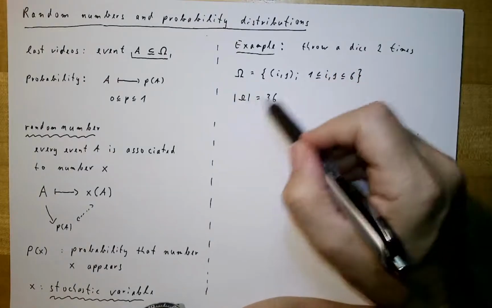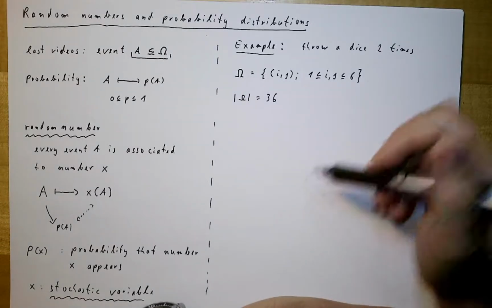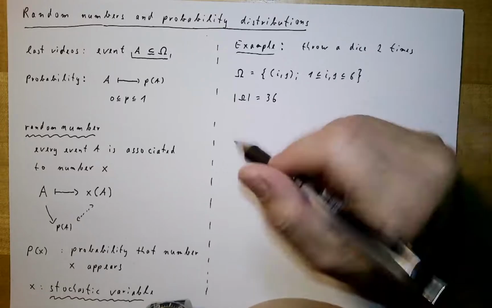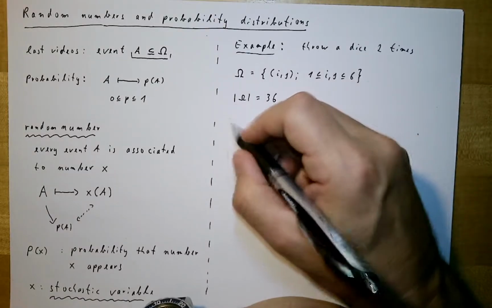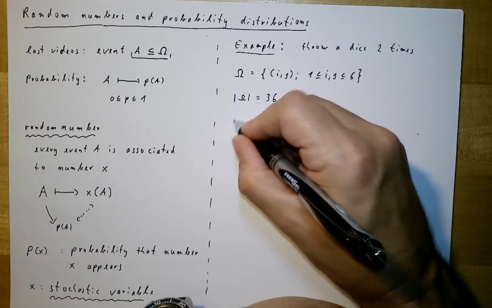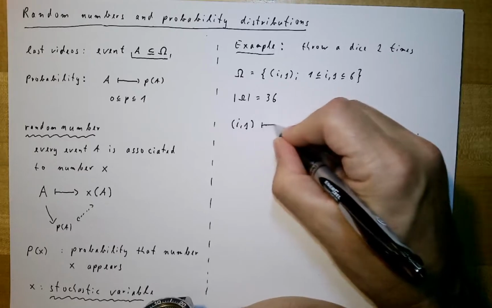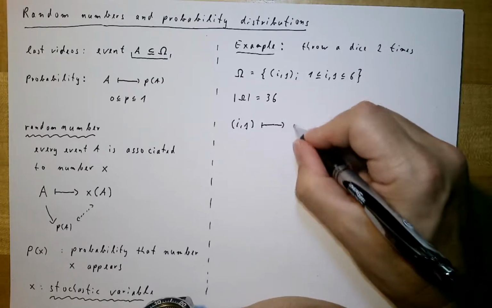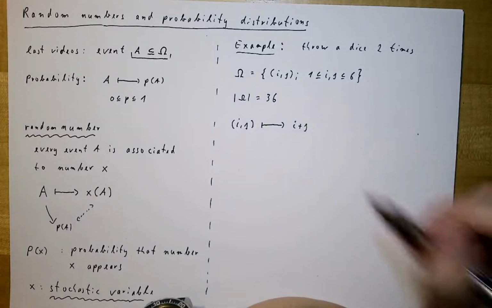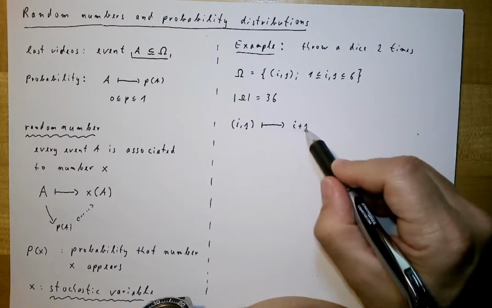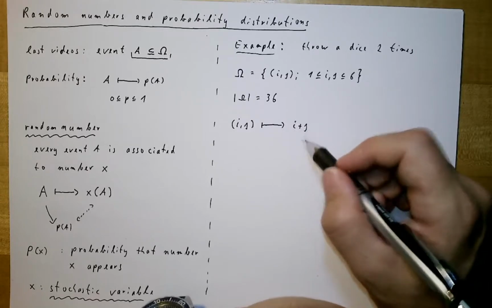And now every possible subset of this could be an event. And now we do the following. We introduce the random number, where we take a tuple ij and map this to the sum of the 2 numbers of the dice. And this sum we call the random number.